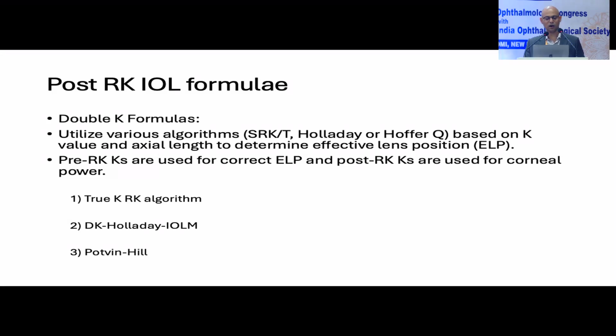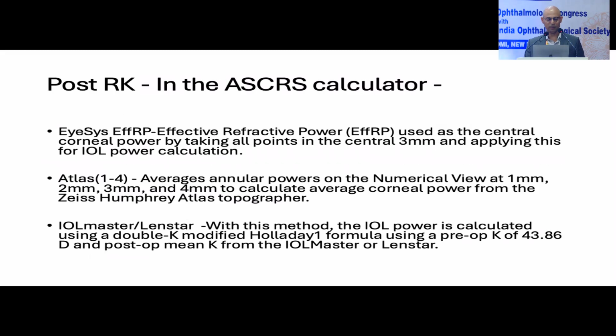Post RK IOL formulae are available, which basically again are double K formulae. Use various formulae like SRK/T, Holladay, and Hoffer Q based on the K value and axial length to determine the effective lens position. So pre-RK Ks are used for the ELP correction, and post-RK Ks are used for the corneal power correction, and you can use the True K RK algorithm, DK Holladay IOLMaster algorithm, and Potvin-Hill.